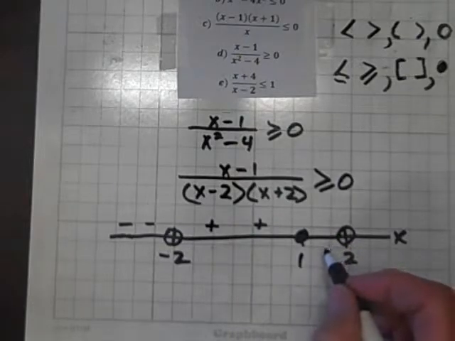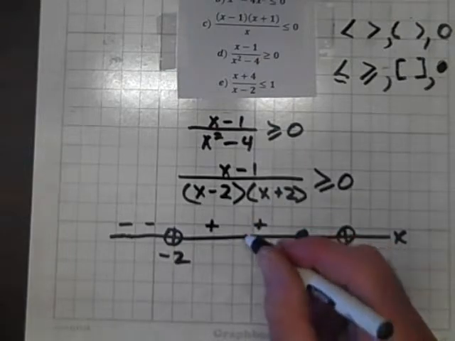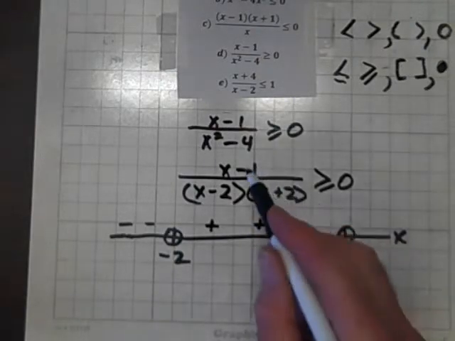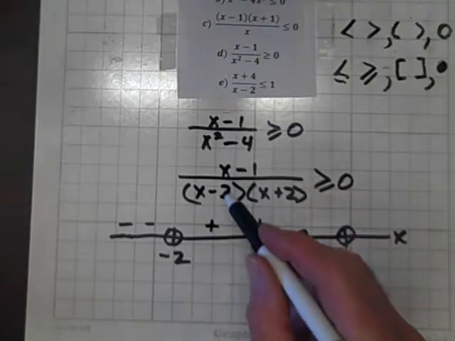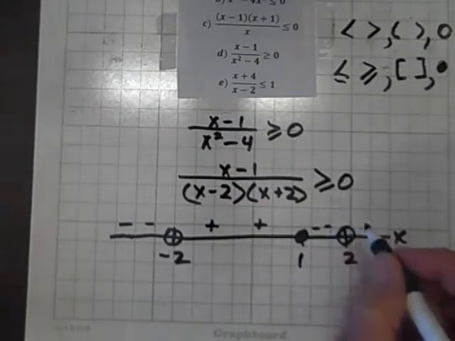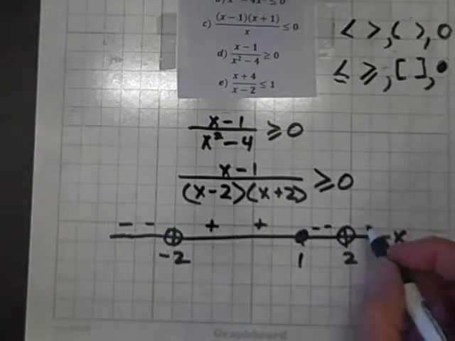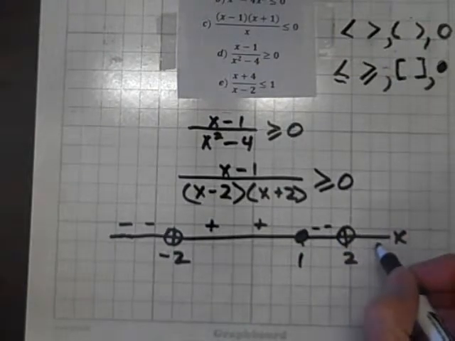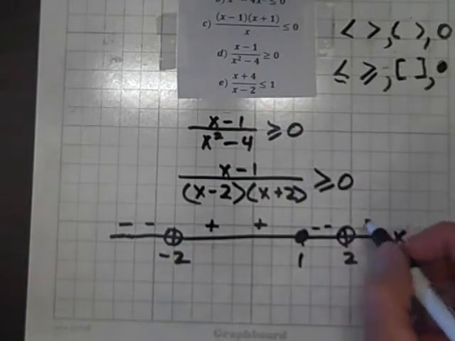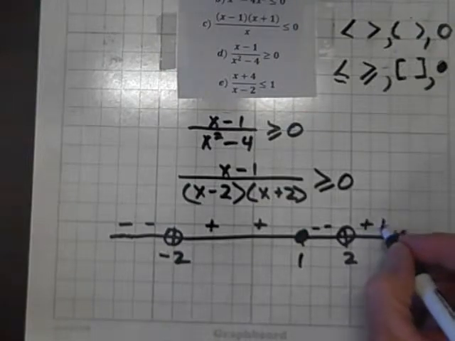If we let x be something like 3 halves, which is between 1 and 2, think of a buck and a half, well, this will be positive, but that factor will be negative still, so an odd number of negatives, the quotient or product of an odd number of negatives is negative. And finally, if we let x take on a value in the interval from 2 to infinity, we'll have the quotient of all positives, which will be positive.